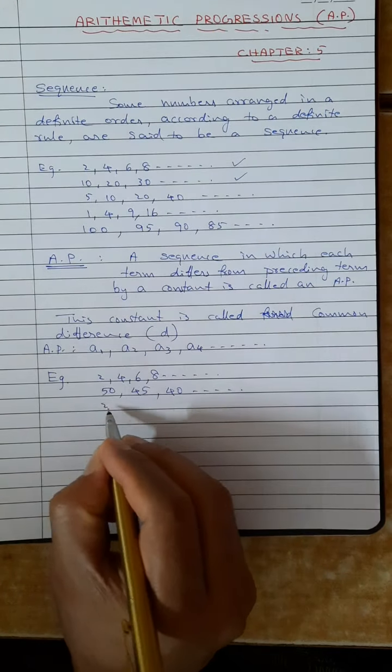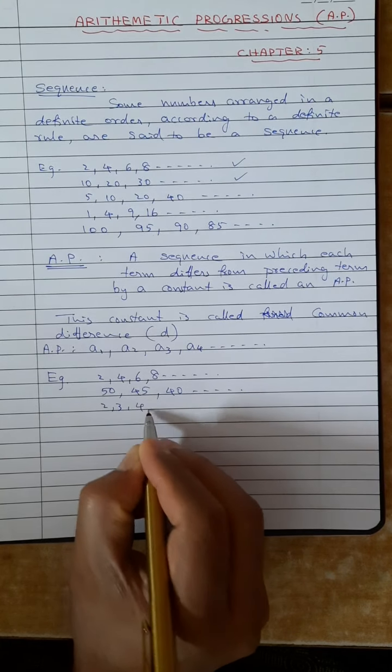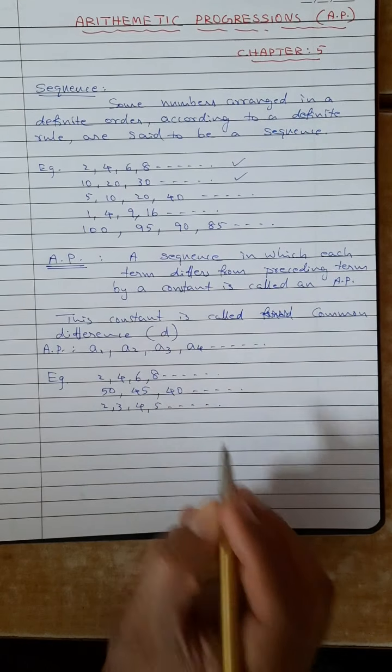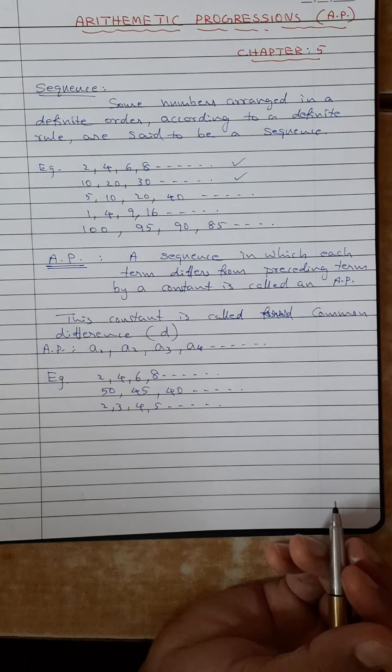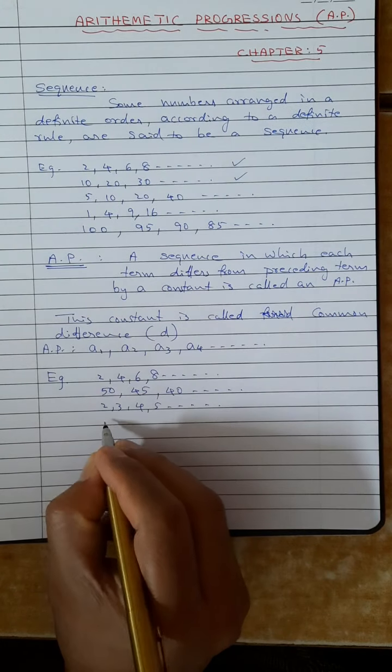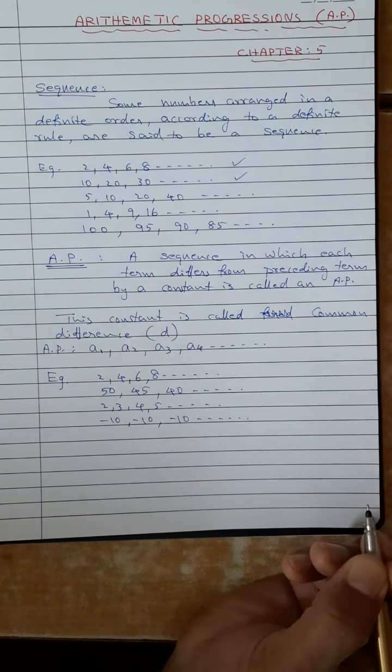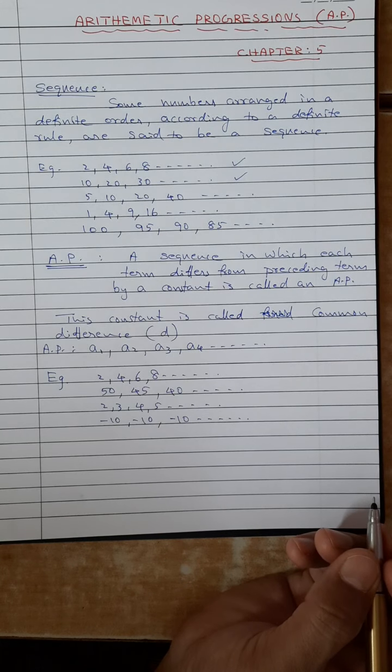If I say simply 2, 3, 4, 5, is it an AP? It is an AP, because 1 is added, the common difference is 1. If I say minus 10, minus 10, minus 10, this also comes under AP.